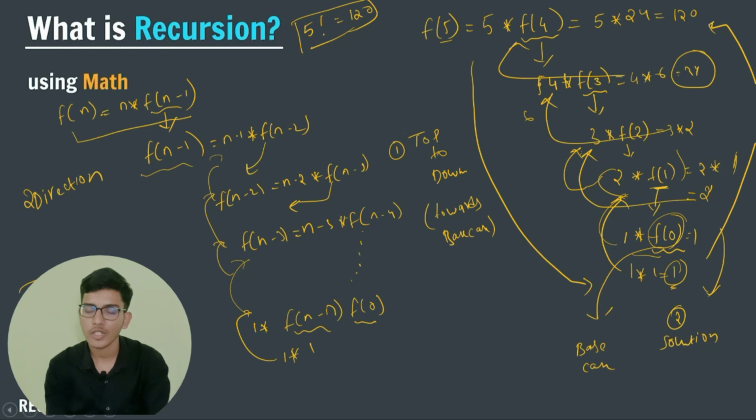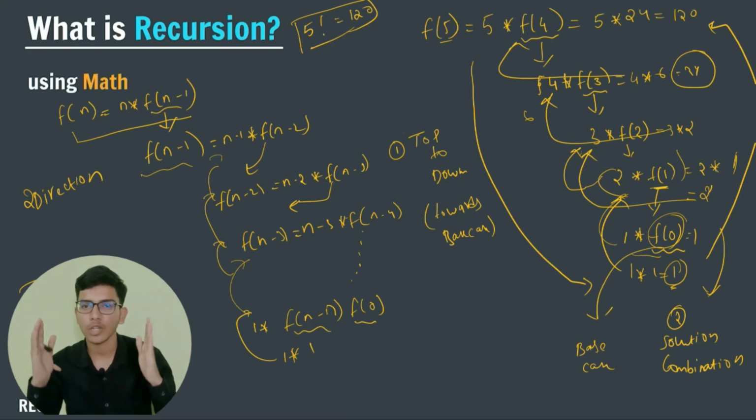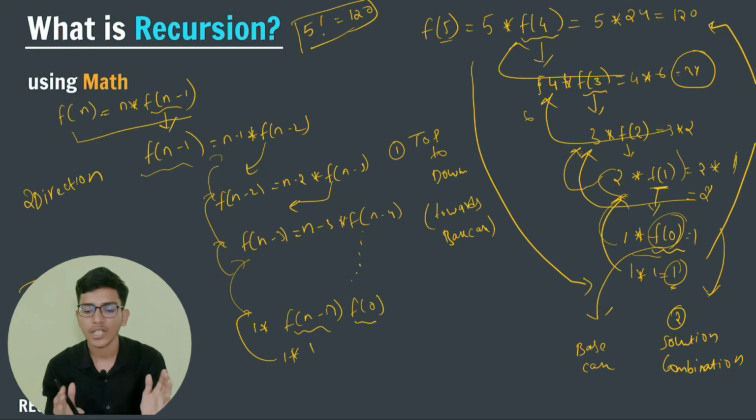Whatever solution I get, I am combining to get my final output or final solution. So these are the two steps involved in our recursive function calling, and these are the two directions that are very important: first I break my problem into smaller pieces, and then I expand from it.